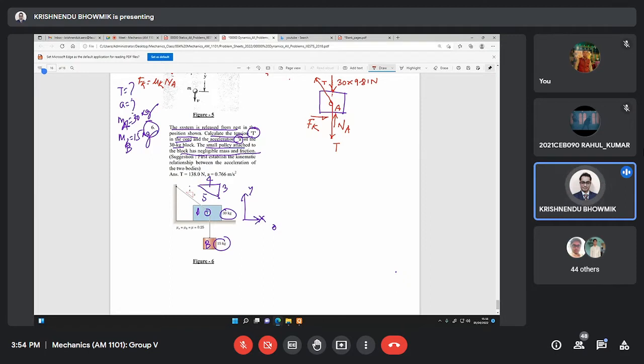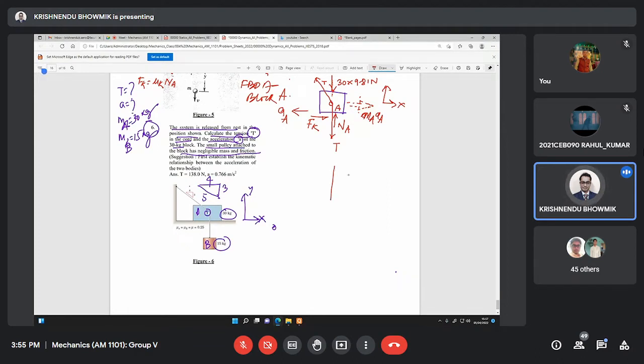As you told, it is having acceleration in this direction, AA. Then as per D'Alembert's principle, the reverse force will be MA AA. So it is self weight, T, reaction force, friction force and inertia. FBD of block A.